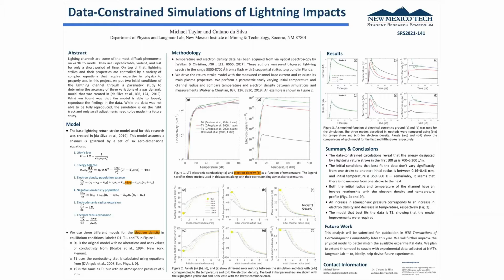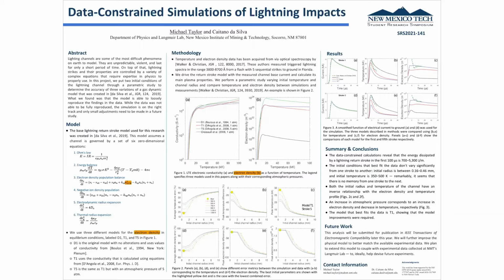They took a spectroscope to a high frame rate camera and pointed it at the lightning strike to look at the different densities of ions and atoms there to calculate the electron density in similar equations through 1 through 6. And we did a parametric study comparing to this data through all 3 models and all 5 strokes, varying the initial temperature and channel radius and outputting the temperature and electron density of the channel.